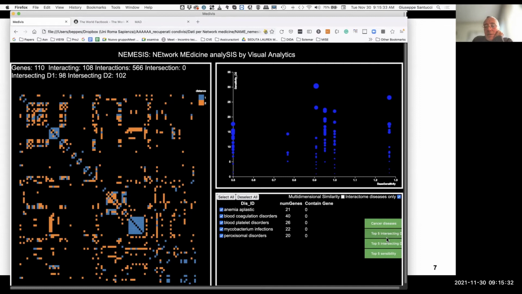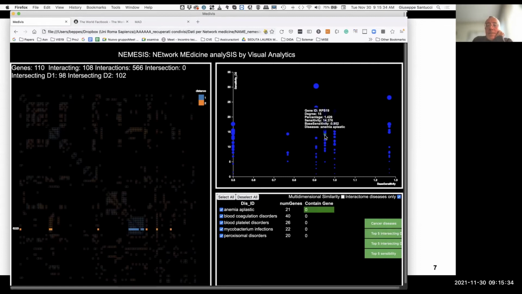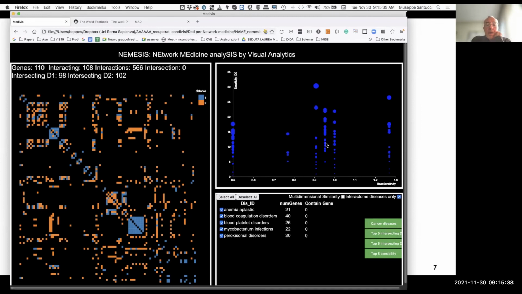After you run the analytics, you have this interaction that allows you to filter and to observe the story. But concerning our point at this moment, what I want to stress is the way of representing a network using a matrix, and to show you that you can encode different information.